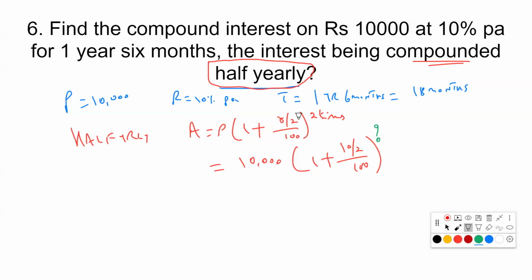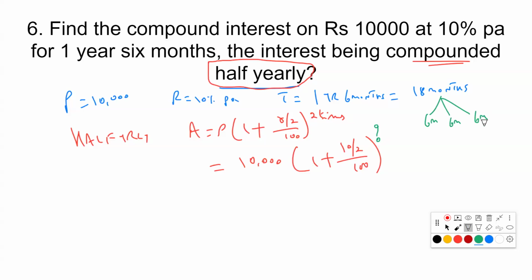Because it is half yearly, and per annum is the rate of interest, there are 2 half years in a year. So R by 2 is absolutely right. That is 10 by 2. But when it comes to time, how many times will you calculate for 18 months? Every 6 months you want to calculate.